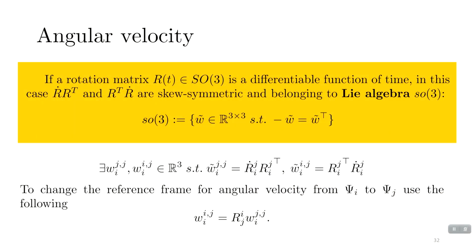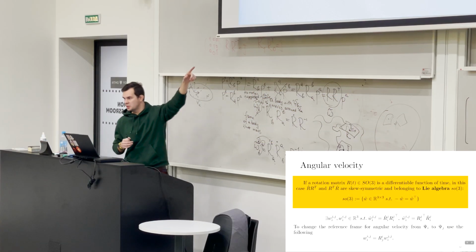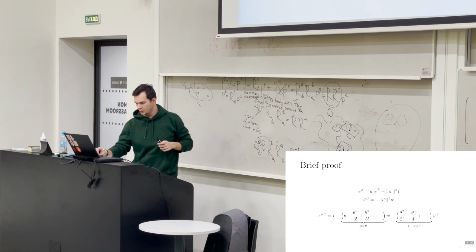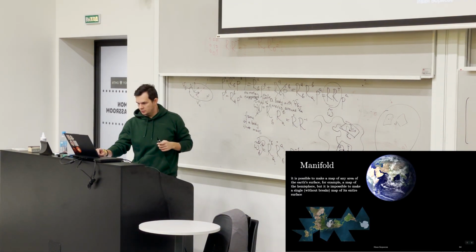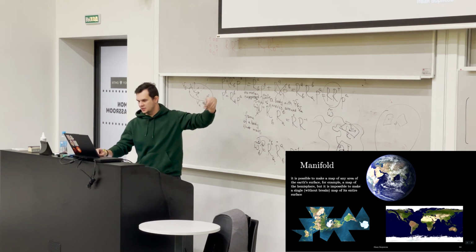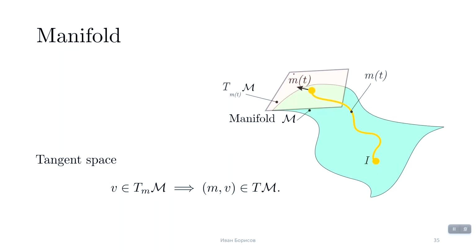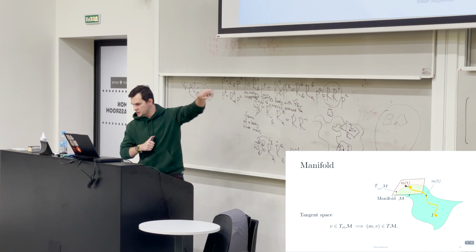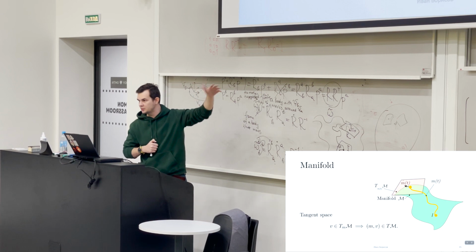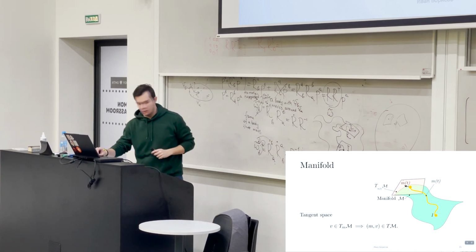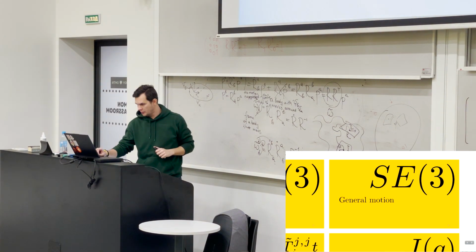It also has a special property, the property to be skew symmetric, right? So here are several words about manifolds. Here is the same drawing that I just drew: identity point, tangent space, manifold, M dot. The same that I just drew here. All right.